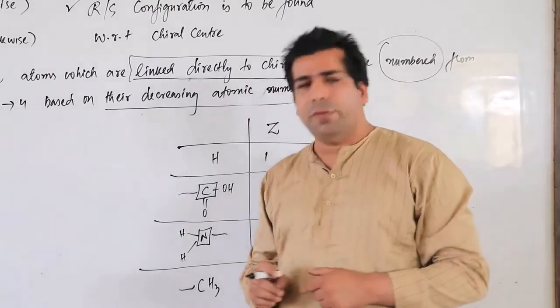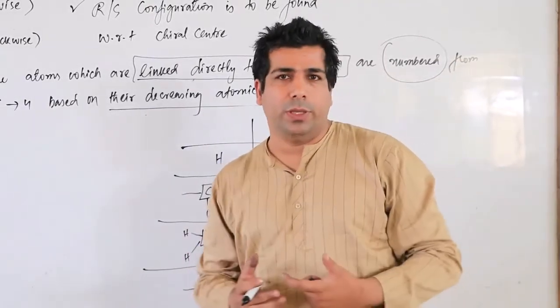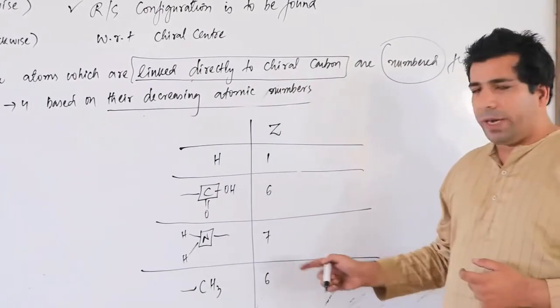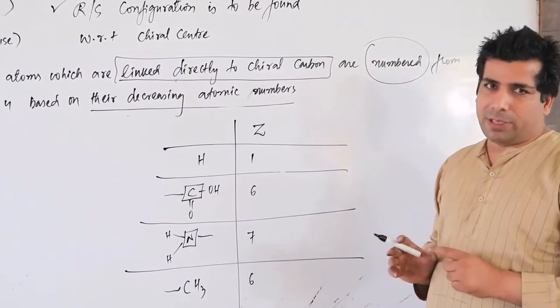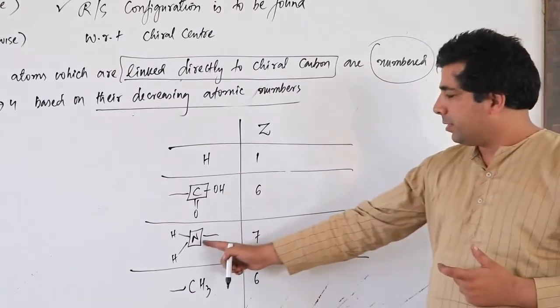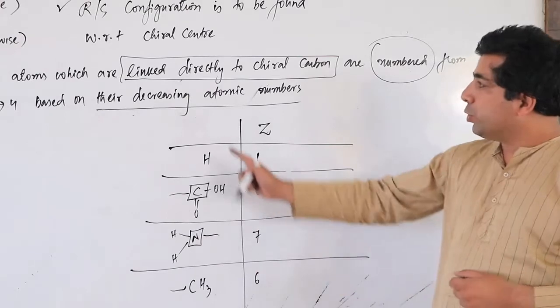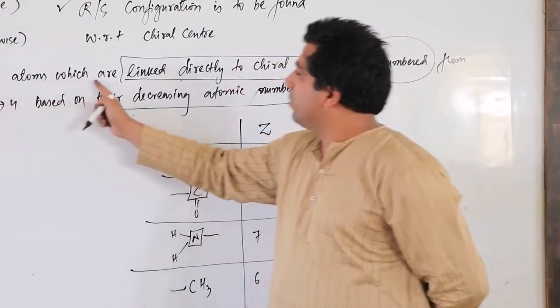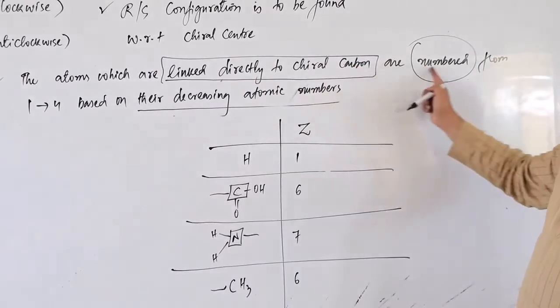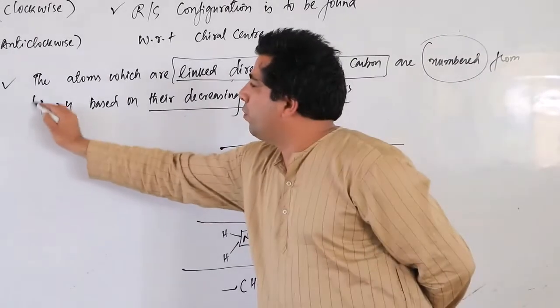So dear friends, if we go into the priority rule, what is that all about? If you look here, you will find out that one atom has the highest atomic number. Who is that? The nitrogen with 7. So the atoms which are directly linked to chiral carbon are numbered from 1 to 4.